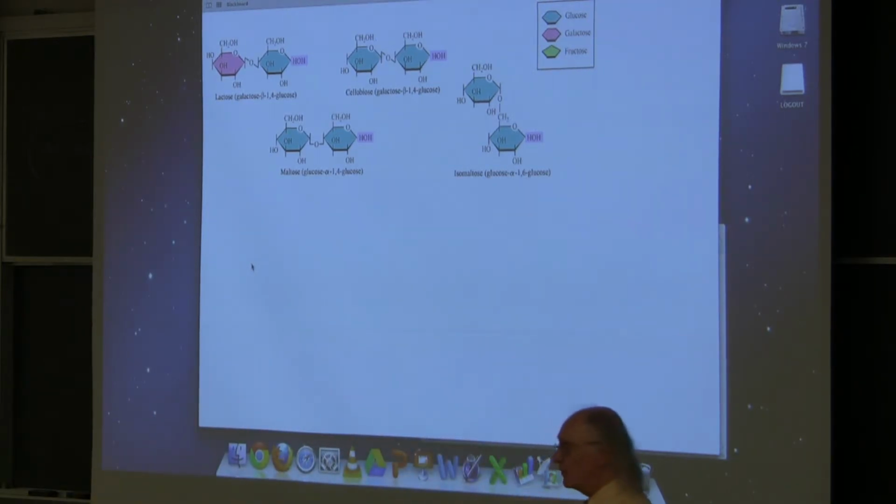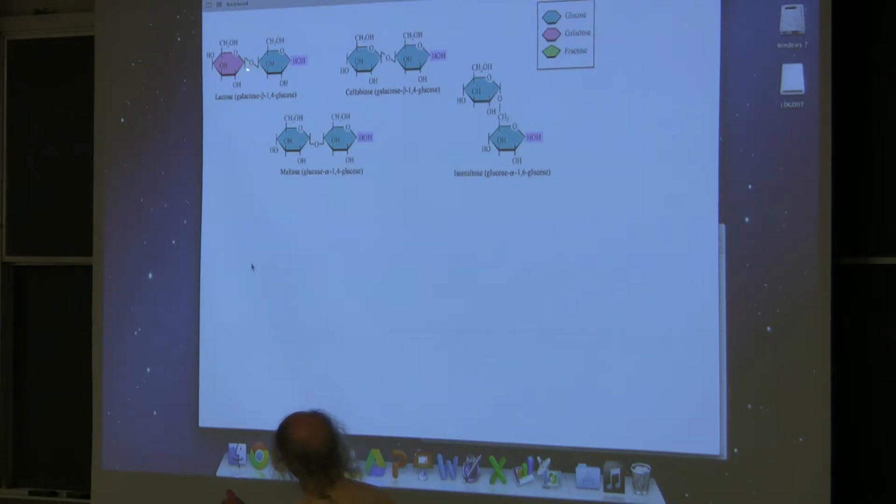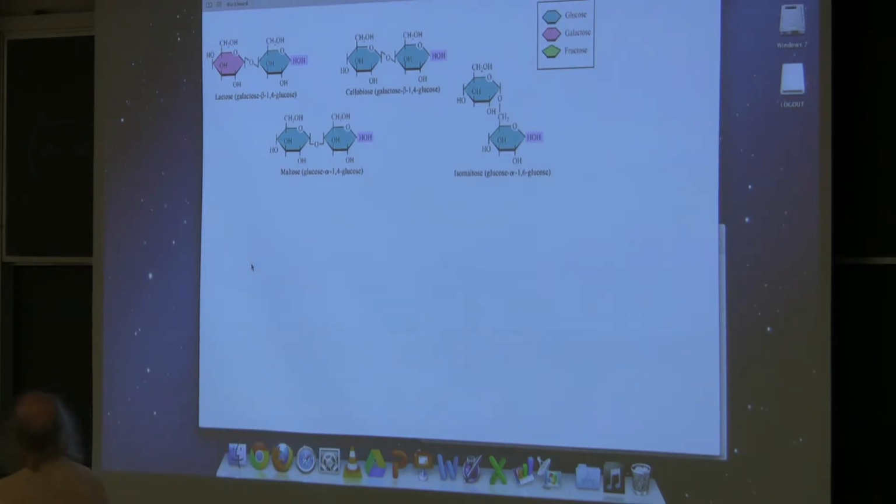Some other disaccharides that we hear about are lactose. Okay? Lactose contains glucose and galactose. And you can see this only has one anomeric carbon. That's the one right here that's tied up. The other one is free. Okay?